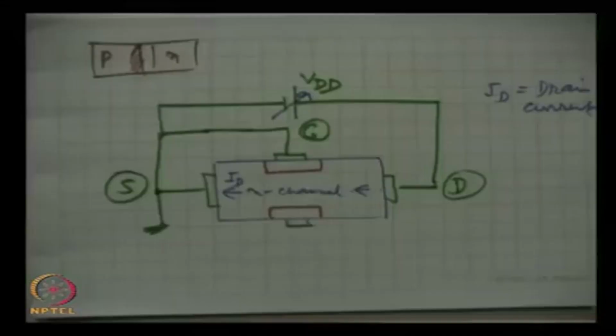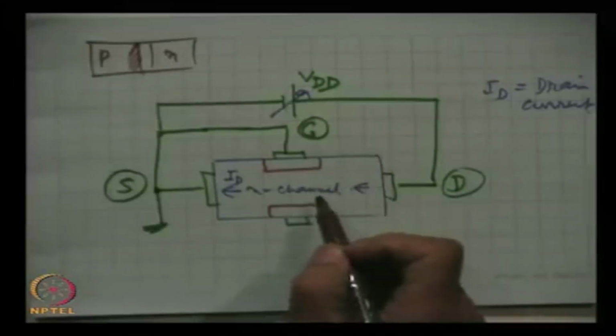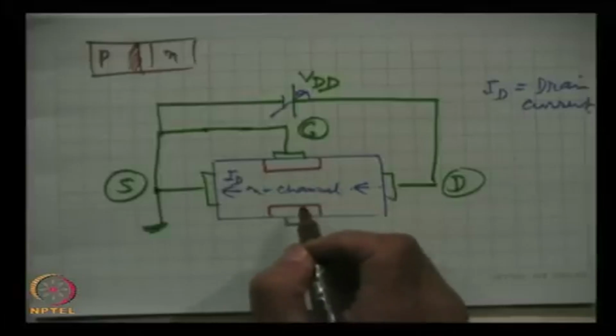And so, this channel region is less doped, hence most of the broadening will occur into the channel region.